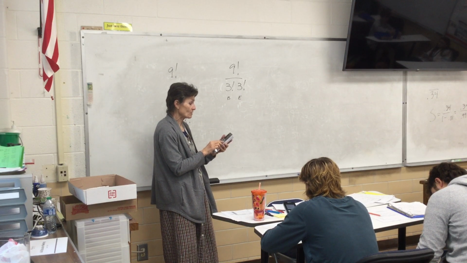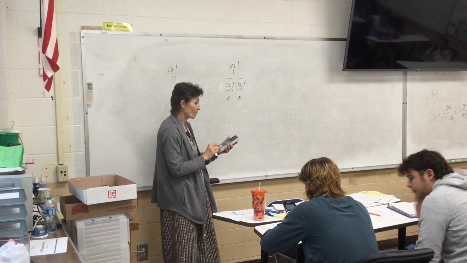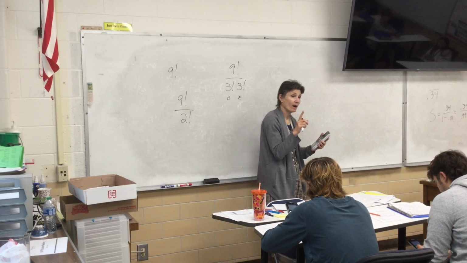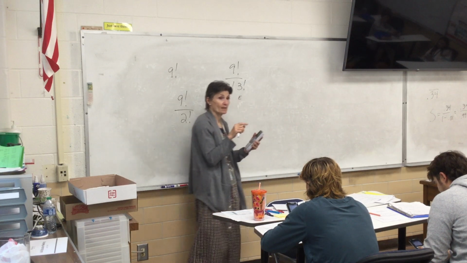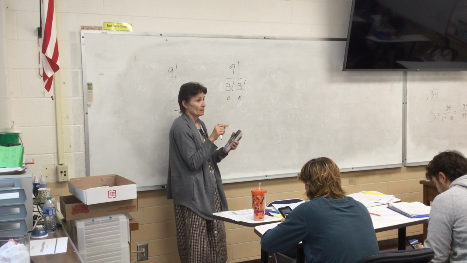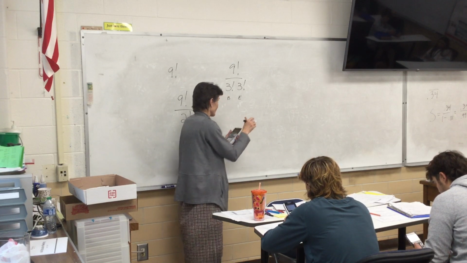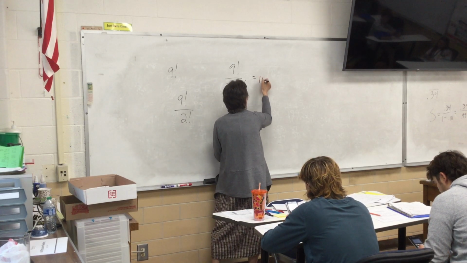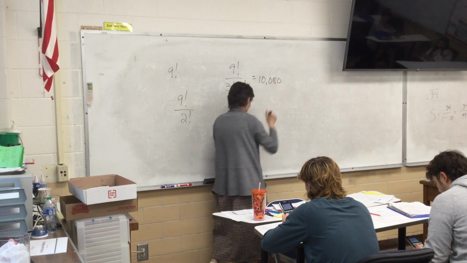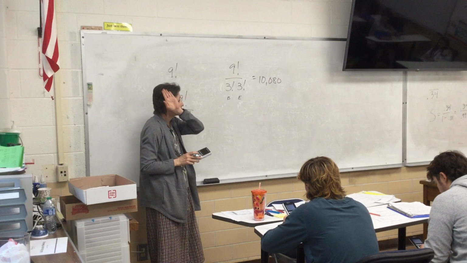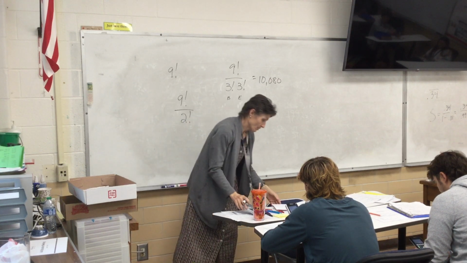All right, factorial is in your math menu. Go to your math, go across to PRB, and down to the factorial sign. The answer that you should get is 10,080. So as long as you're getting that, you're all good.